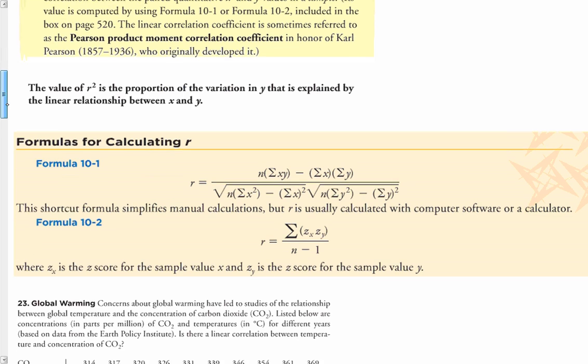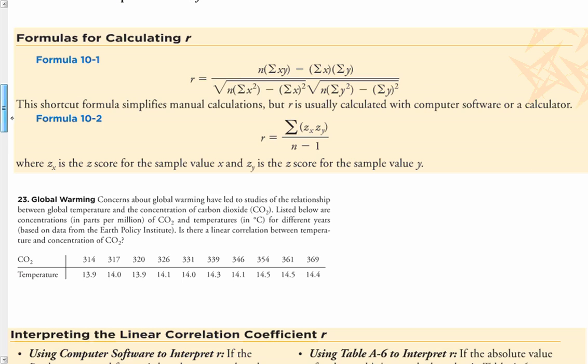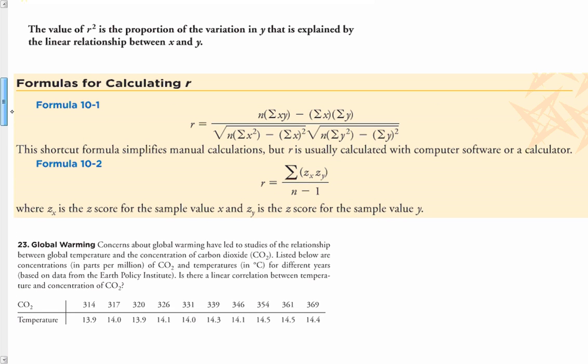What we're going to do is we're going to use a little bit of technology, in lieu of these formulas, to calculate the correlation coefficient for this data set. Now, these ordered pairs represent CO2 levels and temperatures. Concerns about global warming have led to studies of the relationship between global temperature and the concentration of carbon dioxide.